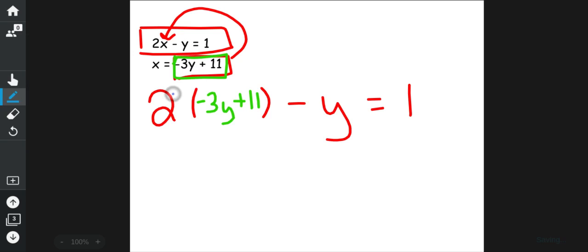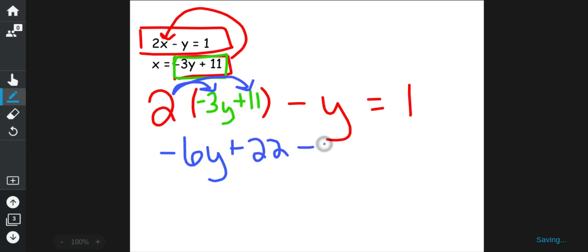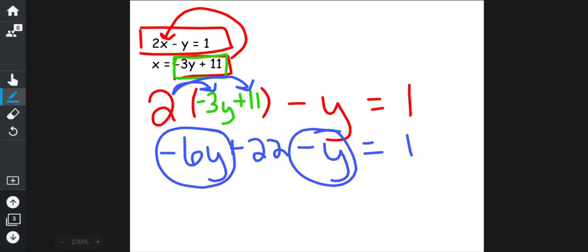Right, so I'm going to distribute the 2. So 2 times -3 gives me -6y. 2 times 11 is 22. Minus y equals 1. I'm going to combine my like terms. -6 minus 1 is -7y plus 22 equals 1.